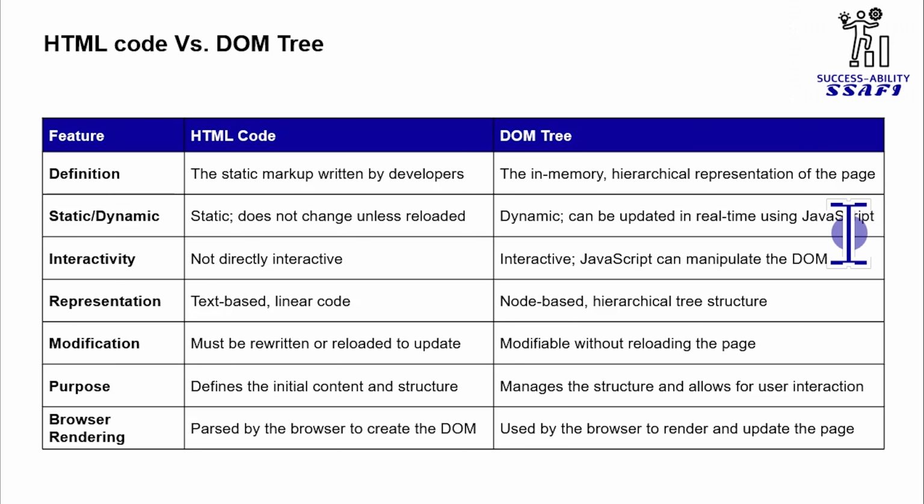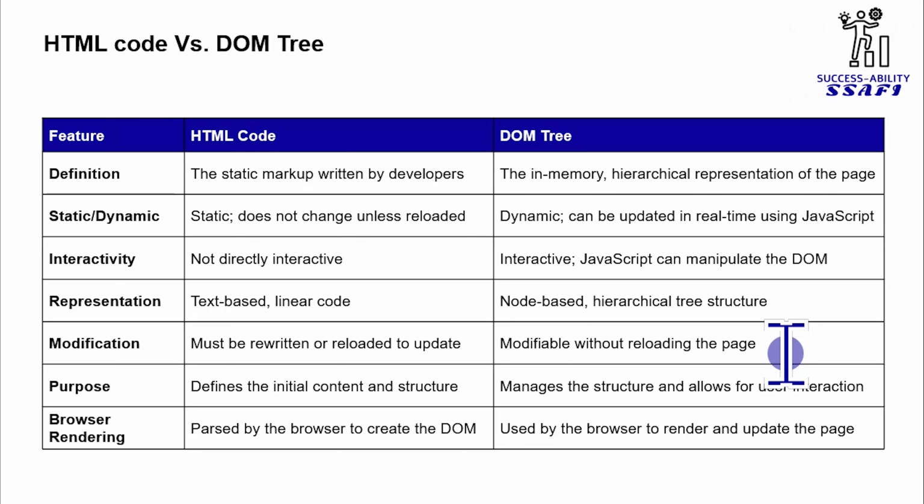We, as developers, have the ability to leverage JavaScript to get hold of nodes within the DOM tree and update them, manipulate them as we wish. The DOM tree is interactive, and JavaScript empowers us to manipulate and change it. It's node-based, right? It's a hierarchical tree structure or hierarchical data structure. Okay, so it's modifiable without reloading the page.